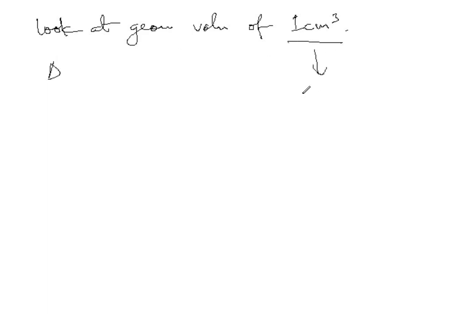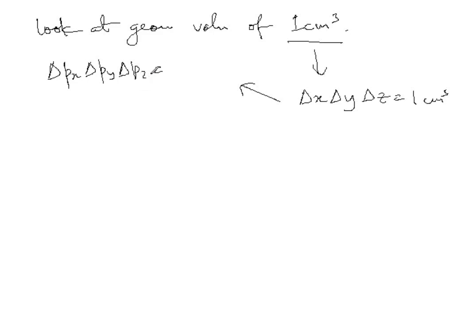Because of this I am already saying delta x, delta y, and delta z is equal to 1 centimeter cube, right? So as a result of this we have delta px, delta py, and delta pz is equal to h cube, right? Since now these are equal to 1.